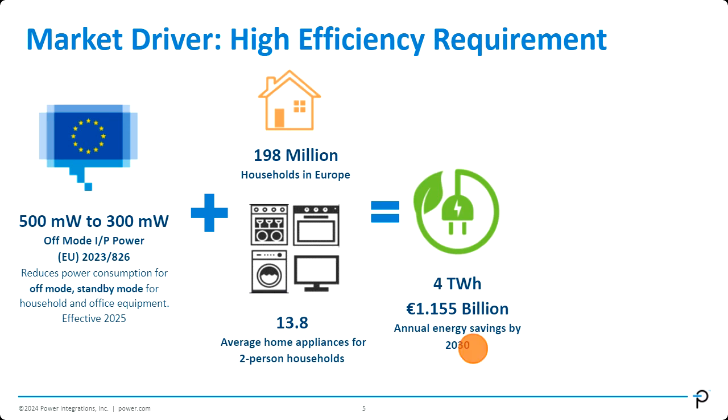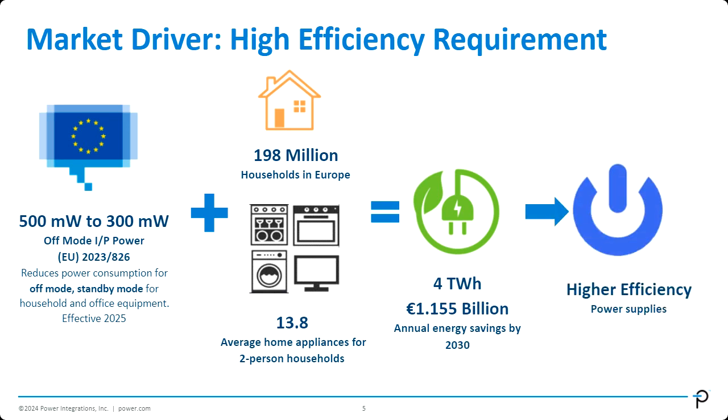And this is a huge number. That's exactly why the whole industry, or the whole world, are pushing towards highly efficient power supplies. And when I say highly efficient, it's not just highly efficient at run mode, it's also highly efficient at standby mode or no load condition.